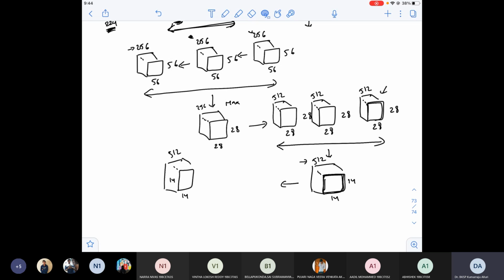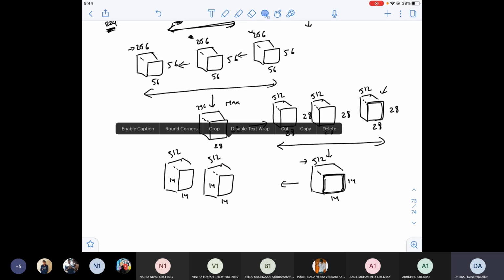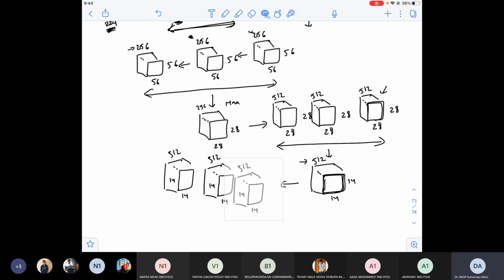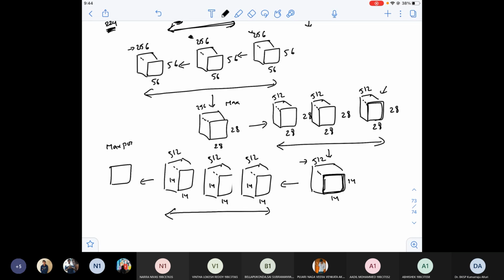Again, these three become one convolution operation. And after this, last but one, I applied max pool, where your output would be reduced by 2 because my stride is 2. So here 512 is my depth.